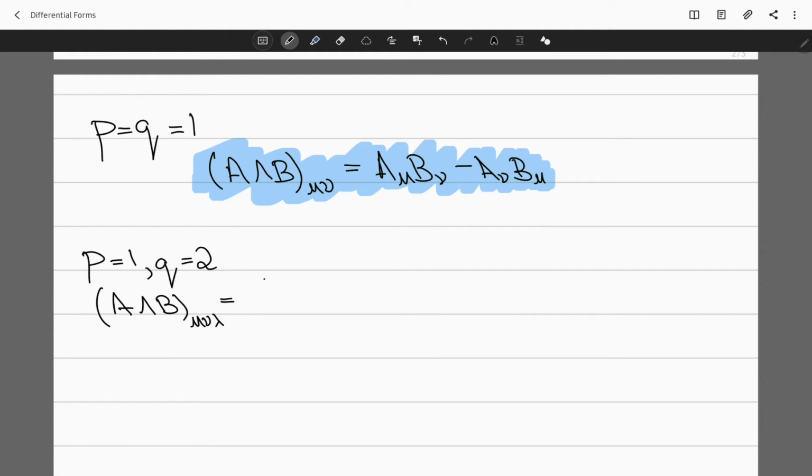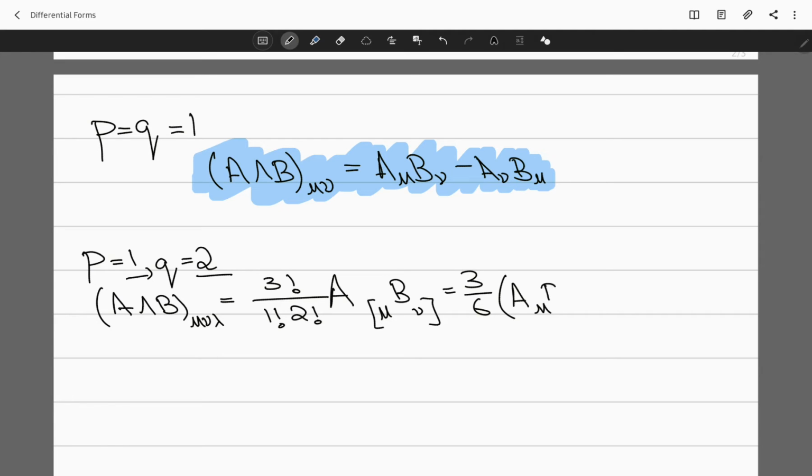If we do that, instead of 2 now, we would have 3 factorial over 1 factorial times 2 factorial, and then A mu B nu lambda, and this will simply be equal to 3 times 1 over 6, so that's 3 over 6 times (A mu B nu lambda plus A lambda B mu nu plus A nu B lambda mu), let me just quickly check this.